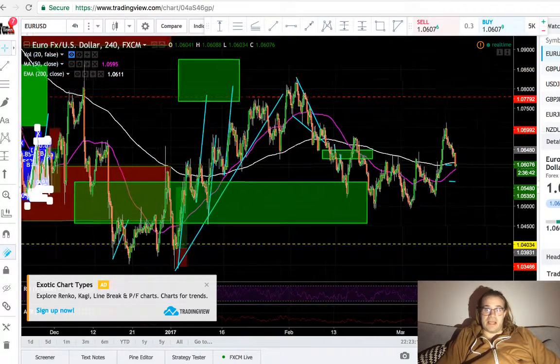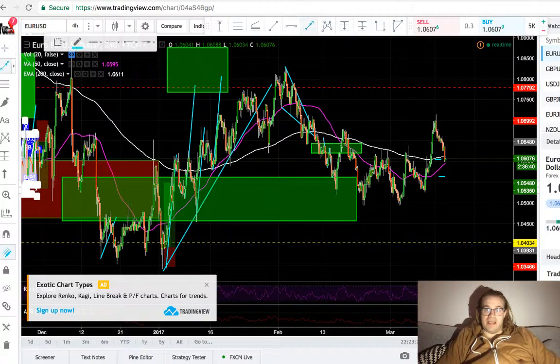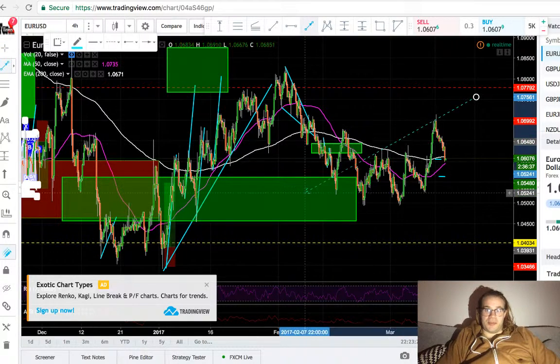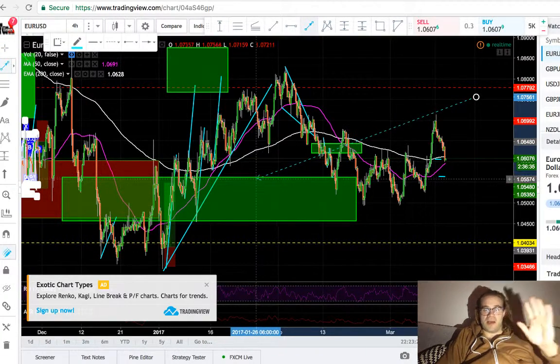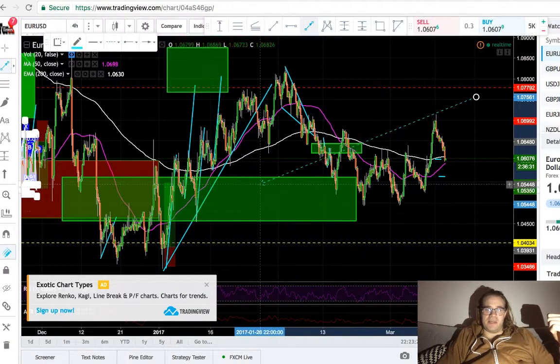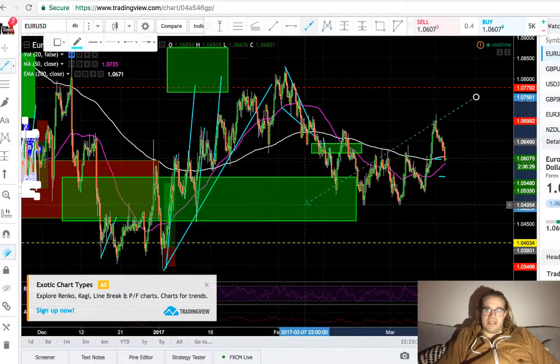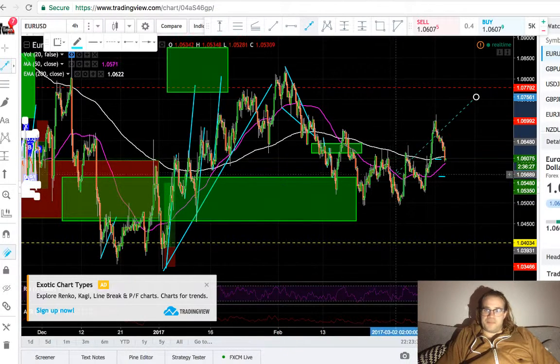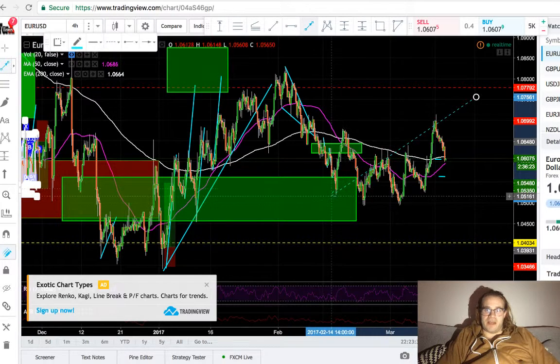I guess it's pretty interesting to see that this is how structure works. Do me a favor, go back a few videos and see when I drew this green area, and just see how support and resistance works. We come down, boom, hit the green area, we go up. We come down, boom, hit the green area, and up and up we go.